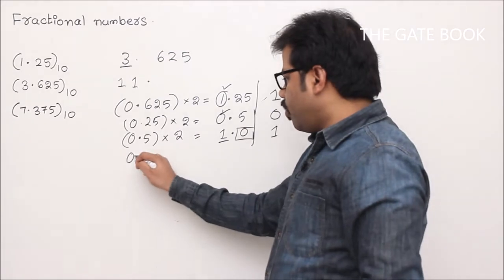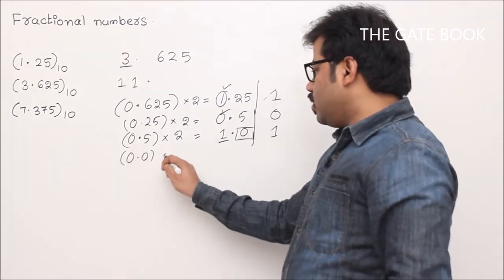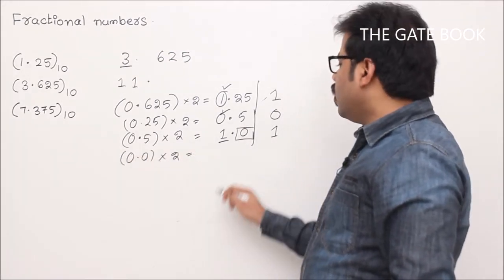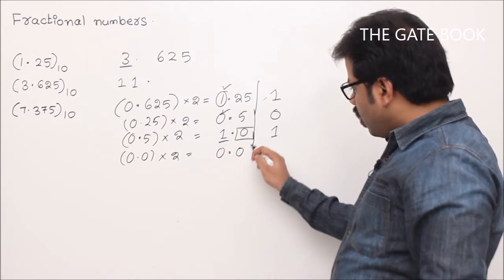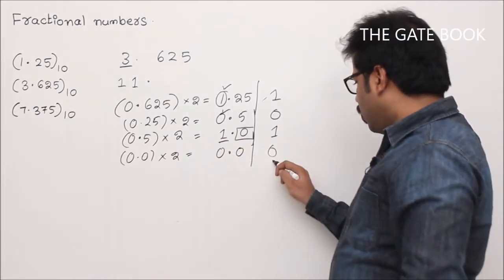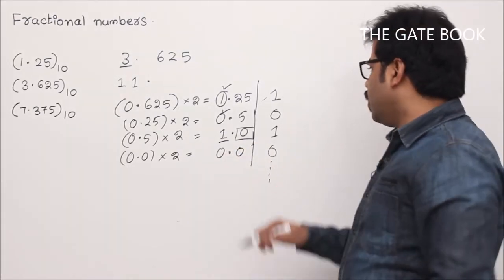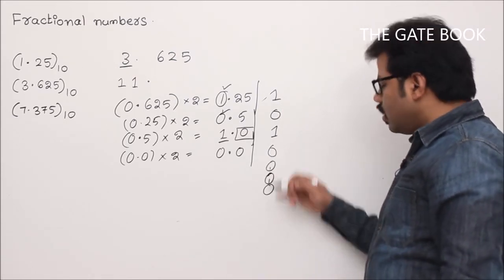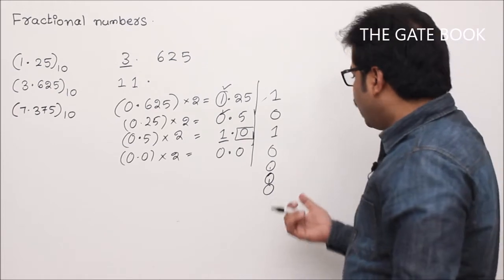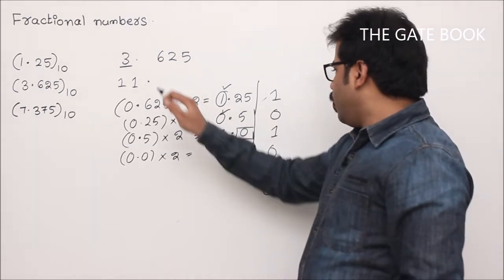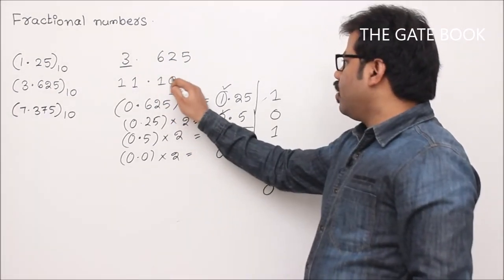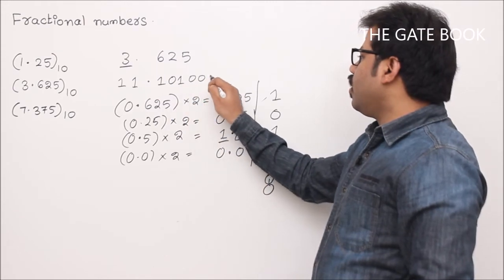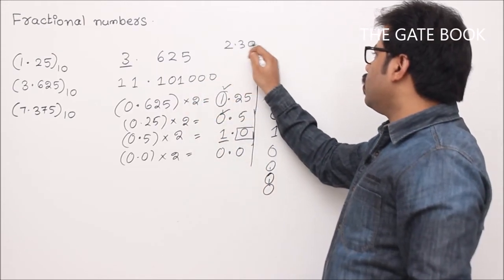Then stop, because any number of times you continue, you will be getting 0.0 and the remainder will be 0. So these zeros are useless, they do not add any weightage to the number. That's why it would be 101 followed by any number of zeros. It's like, for example, you have 2.3000.